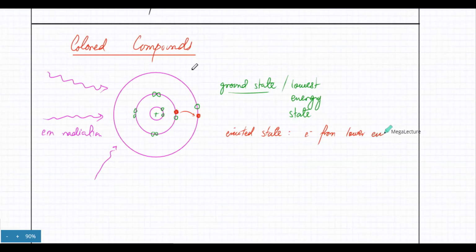So the electrons over here are not restricted. They can move around. They can jump up towards a higher energy shell, or they can lose energy and move to a lower energy shell. Why? Because you have all these electromagnetic radiations coming in, which are being absorbed by these electrons.